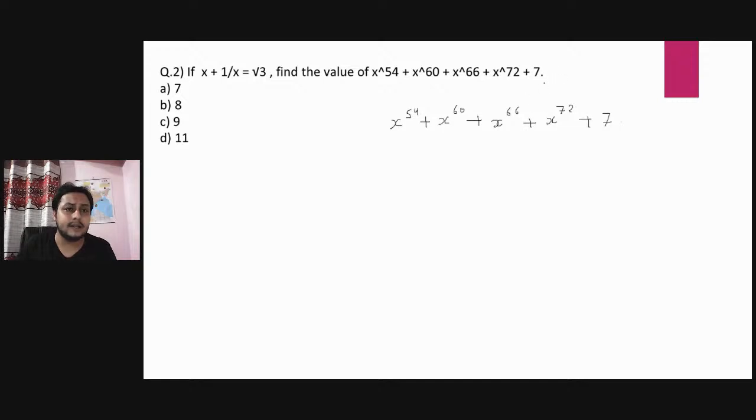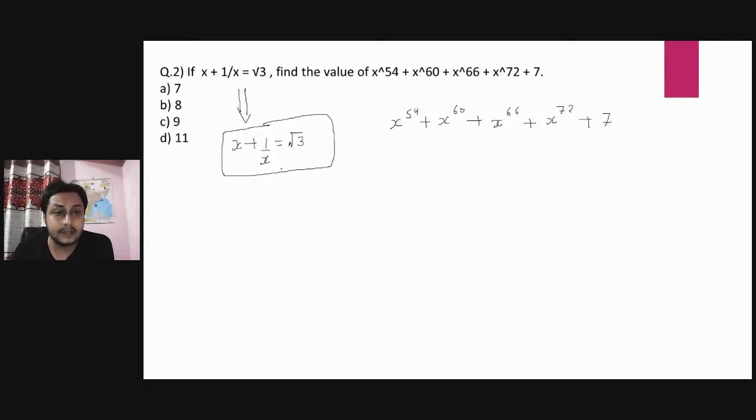And it is given that x plus 1 by x is root 3. So guys, x plus 1 by x is root 3.